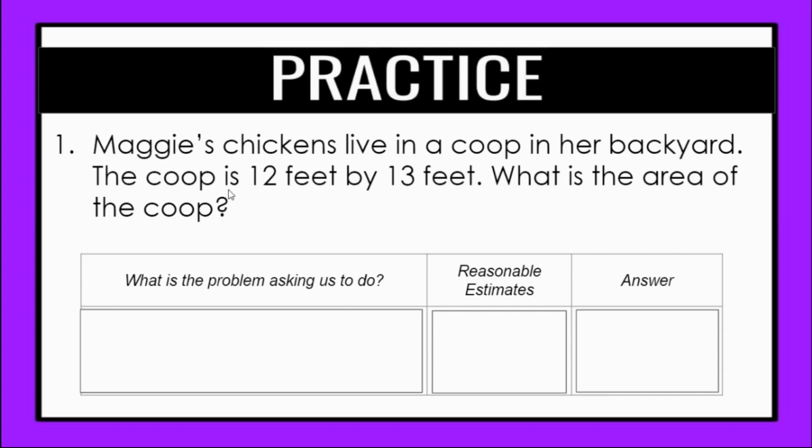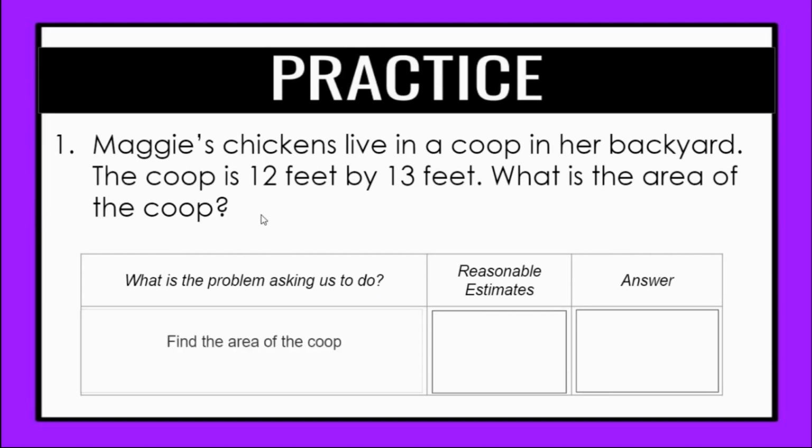And when you're doing a word problem, you want to find the question mark. Make sure you notice how many question marks there are. There's one here. That is what you have to answer in the end. So the first question: what's the problem asking us to do? What do we have to find out? We need to find out the area of the coop, don't we?